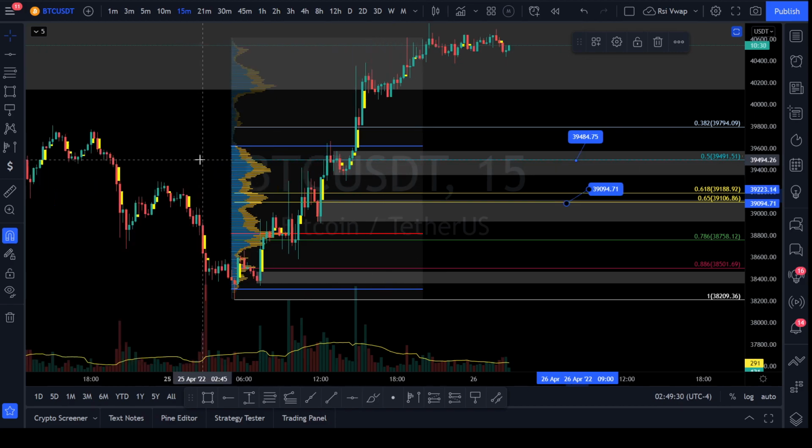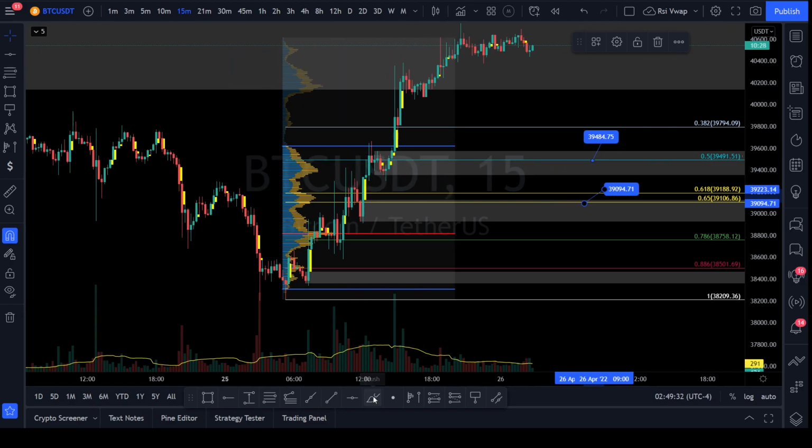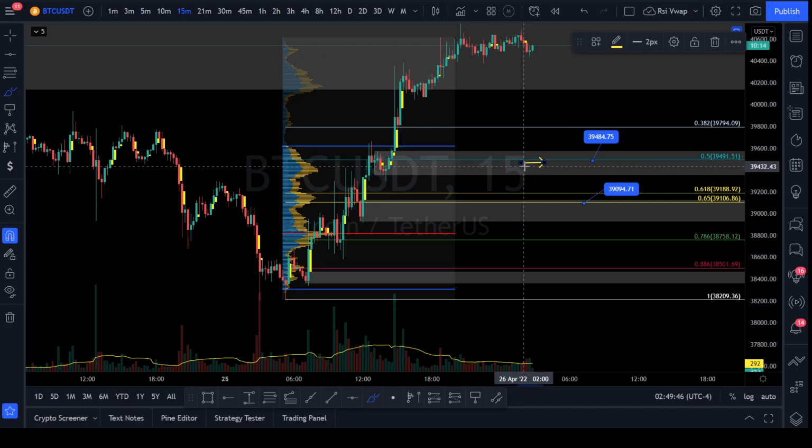Now, the way I trade is I position into my trade, so I'd wait for a pullback. I'd watch for a reaction into this order block here, and I'd probably have a portion of my trade money here. I'd put another one here, and then I'd probably look at this high volume node, probably within this area.